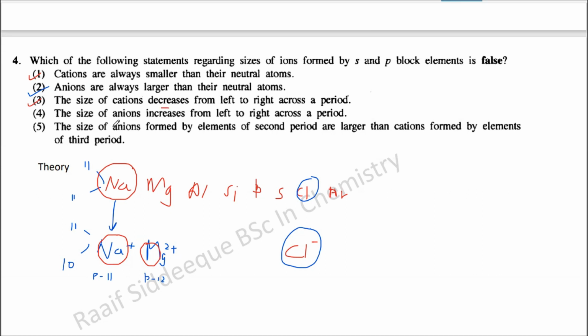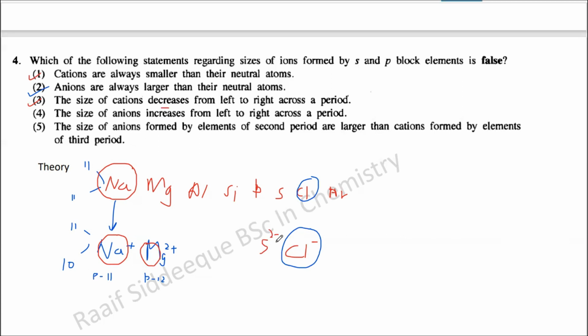And the fourth one, the size of anions increases from left to right. We will consider Cl minus again, and take another one, sulfur: S2 minus. There is one additional electron here and another two additional electrons here, so the shielding here is higher.